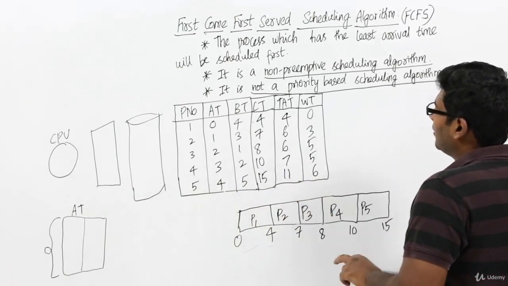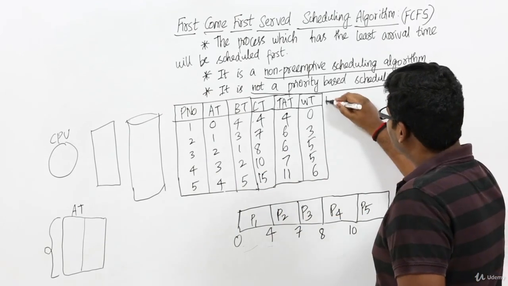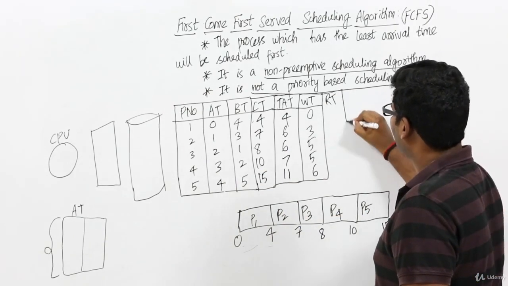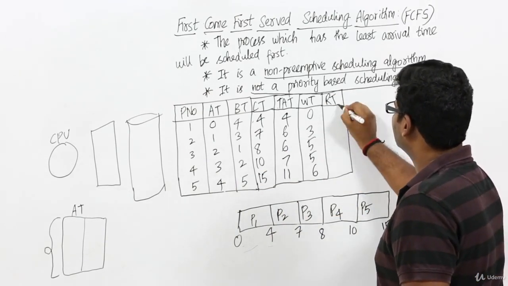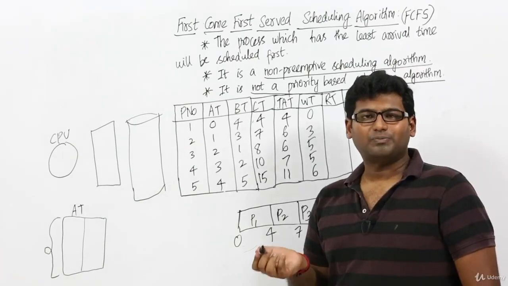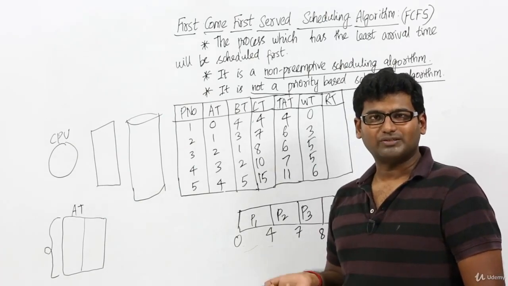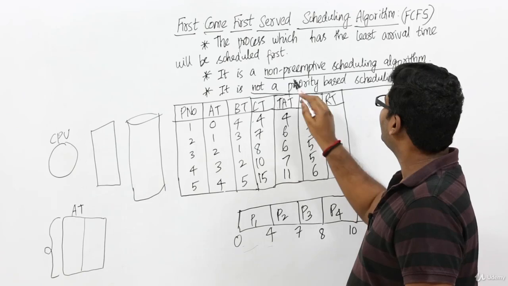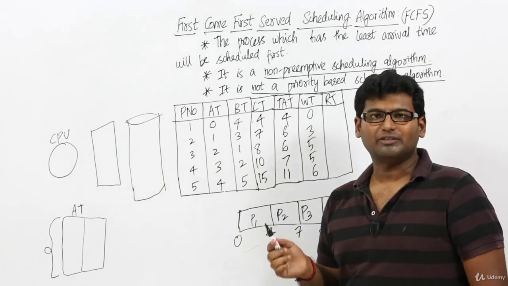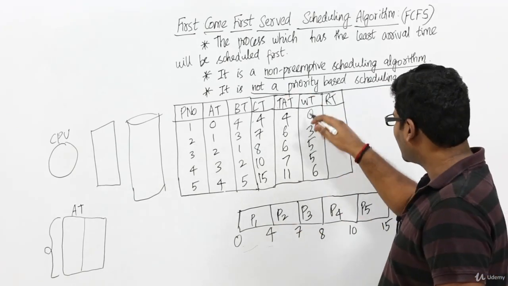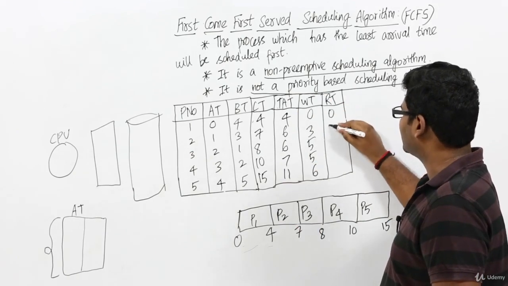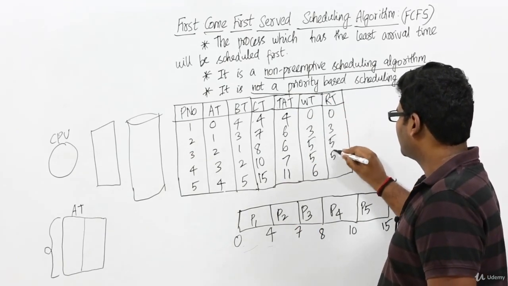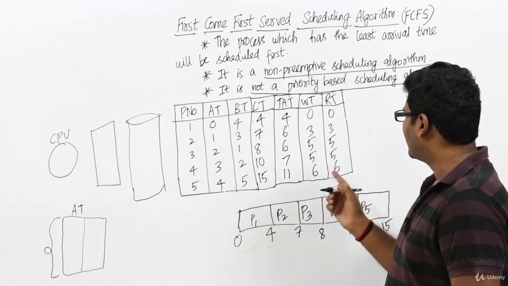Now let's calculate the response time of every process. As you all know, in a non-preemptive scheduling algorithm the response time of every process is the same as its waiting time, so we can straight away write it as response time. Did you get this point?